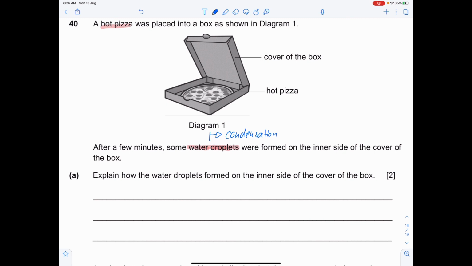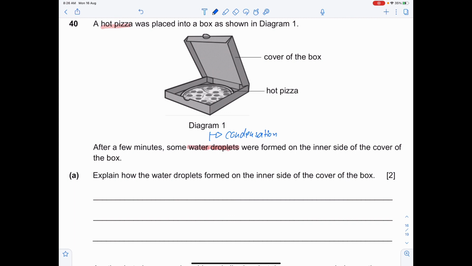When you have holes, your warmer water vapor will be able to escape, right? If it's able to escape through the holes, there is essentially less water vapor. If there's less water vapor, there'll be less condensation, resulting in a reduction of the amount of water droplets formed. It is actually that simple.